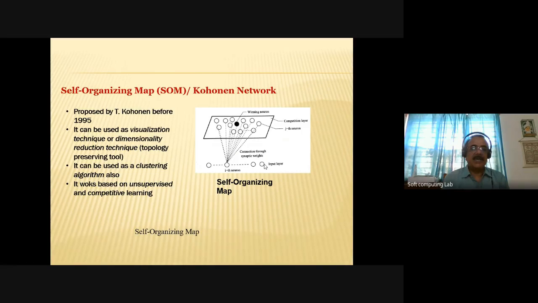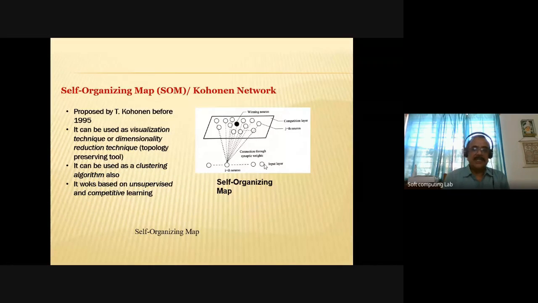The self-organizing map is a very efficient tool for transferring data from higher dimension to lower dimension, say 1, 2 or 3 dimensions, for the purpose of visualization. And this is a topology preserving tool.